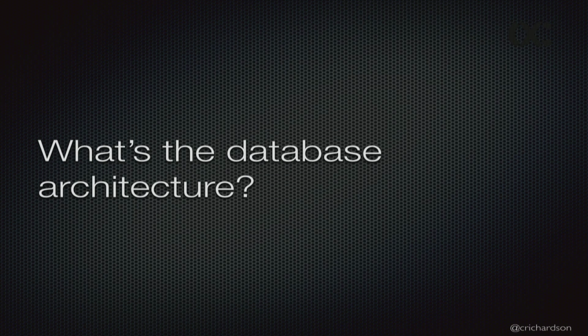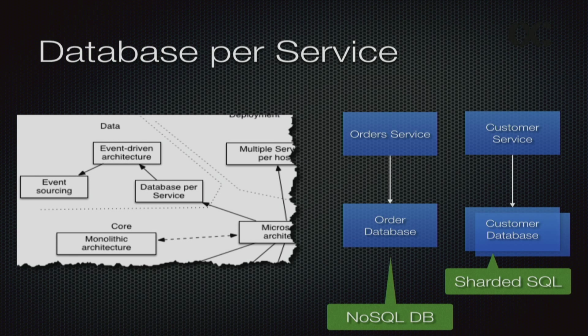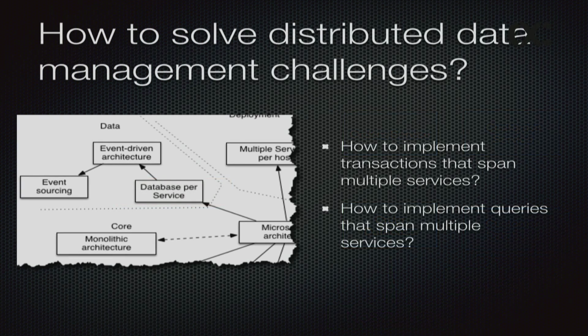And then at the application level, there are issues like what's the database architecture? In order to promote loose coupling, you want to have a database per service. You might also want to use a mixture of database types, right? So that's the pattern there. But the interesting thing is that introduces distributed data management challenges.